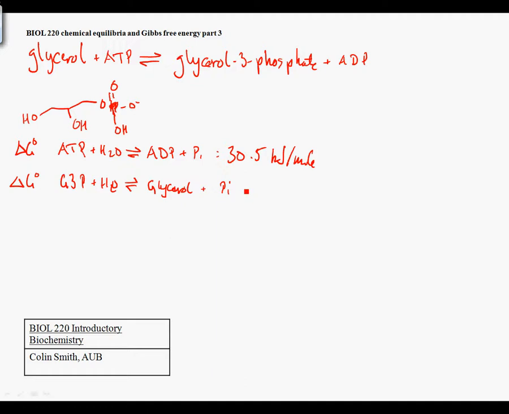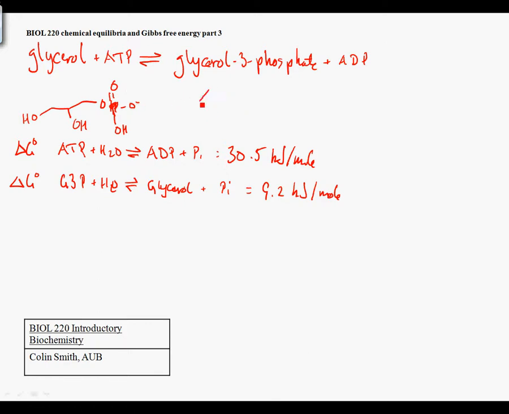The free energy of this hydrolysis is equal to negative 9.2 kilojoules per mole. The reaction we're looking at is equivalent to the hydrolysis of ATP and the formation of glycerol 3-phosphate. So we can subtract these two values to see what the delta G would be.